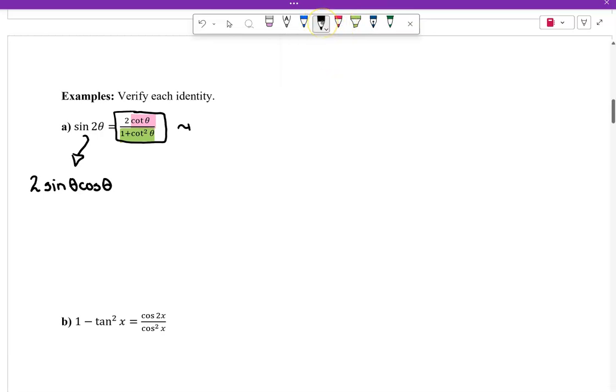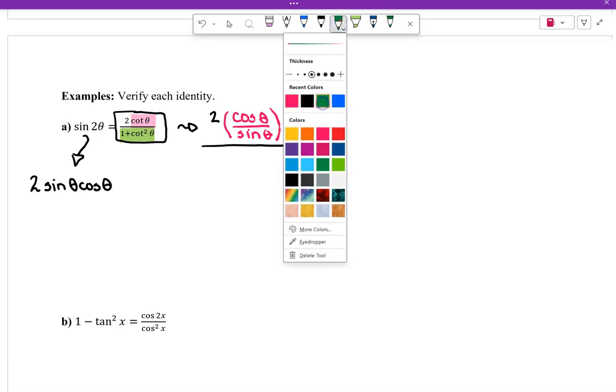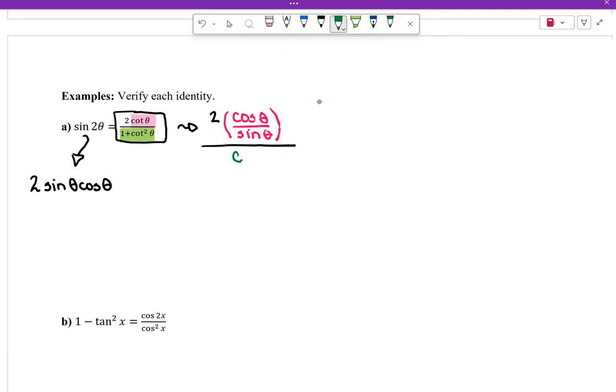So we are going to take this. We're going to have 2, and then cotan changes to cosine over sine, all over, and then 1 plus cotan squared is cosecant squared.